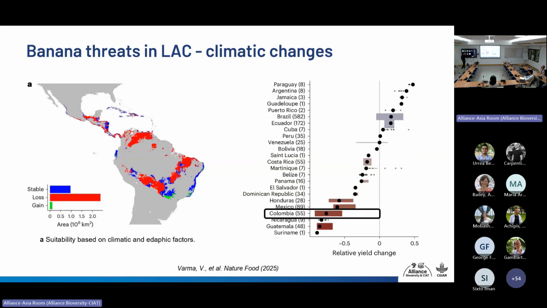So this is going to be a big concern as well. You have some predictions on the left here, on yield. And unfortunately, the predictions for Colombia are not very good in terms of banana yield in the country. So here again, that's something we need to take into account for the challenges that are ahead of us.